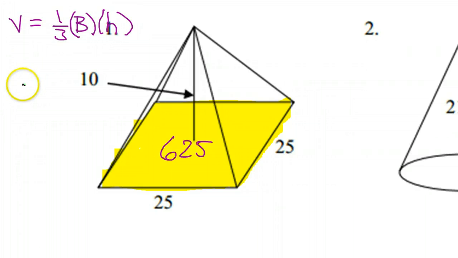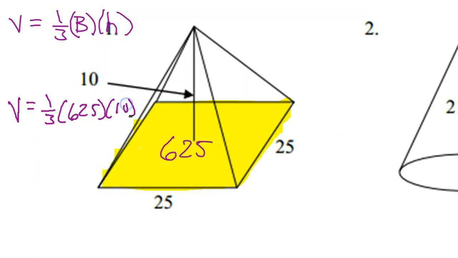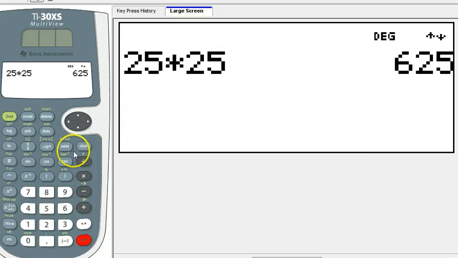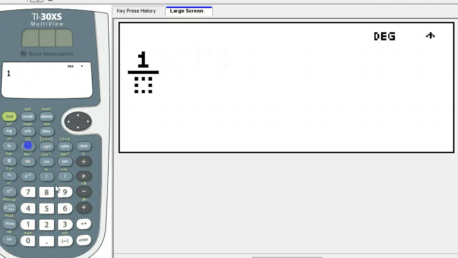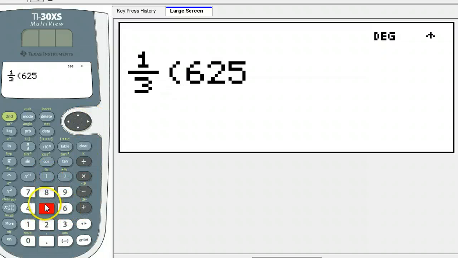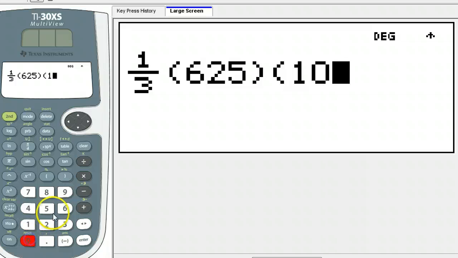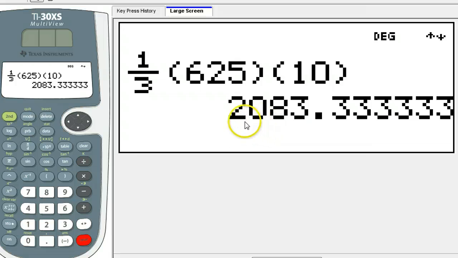So that makes this pretty straightforward, that the volume is going to be 1/3 times 625 times 10. So that is 2083.33.